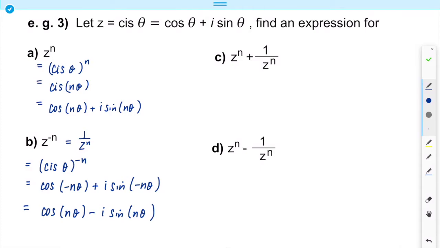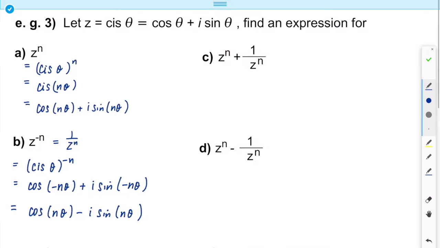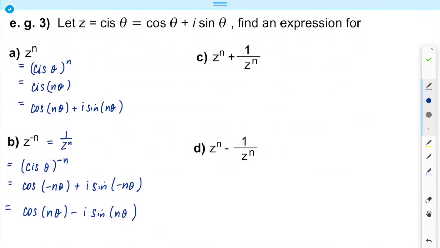So why is this important? Because now we're going to apply these expressions in C, where we add z to the power of n plus 1 over z to the power of n, and see what this gives us.